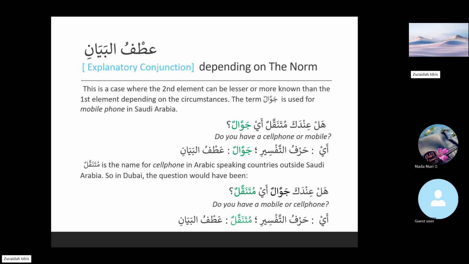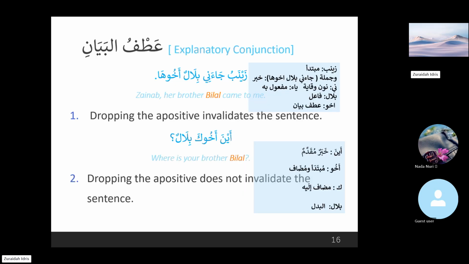And then you see here what we saw earlier, for example, Bilal, this is ma'rifah. Your atful bayan is ma'rifah, which basically means badal is also ma'rifah, because remember, all atful bayans are badal, it's only that not all badals are atful bayan.